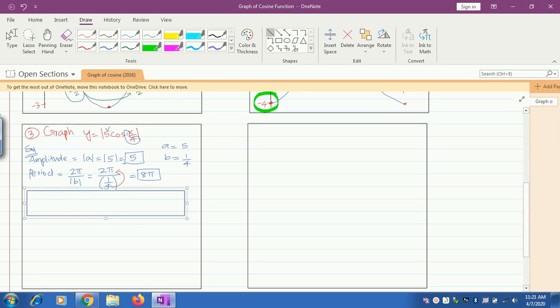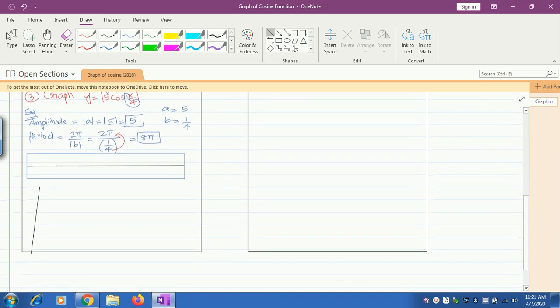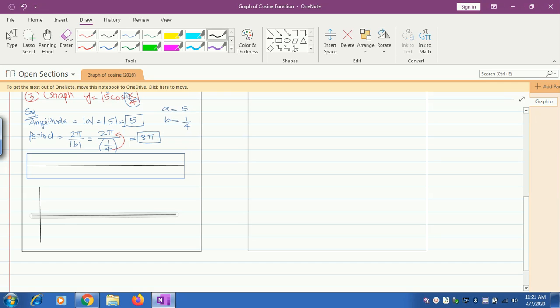What is the schedule and the graph? So the same thing, I have to draw the graph first. After that we will come to the schedule, the values of x and y. This is y and this is my x.